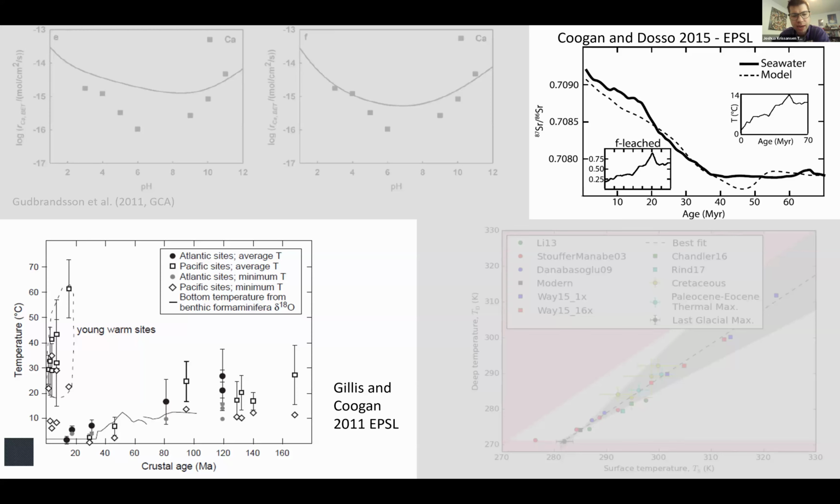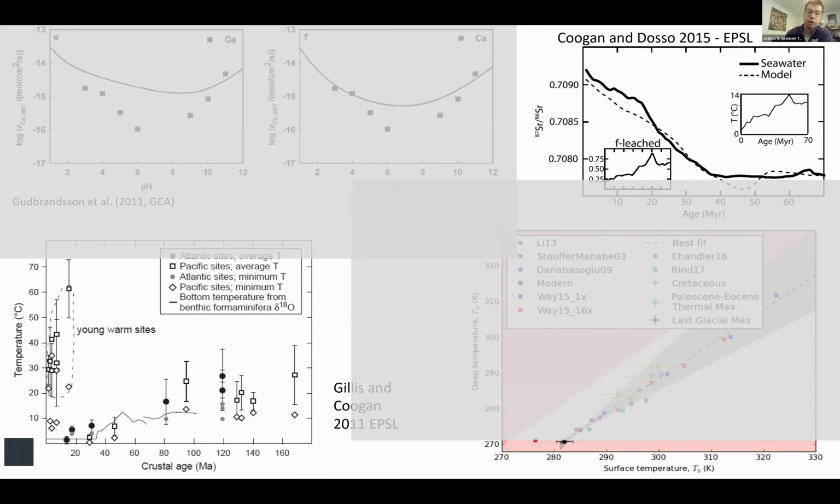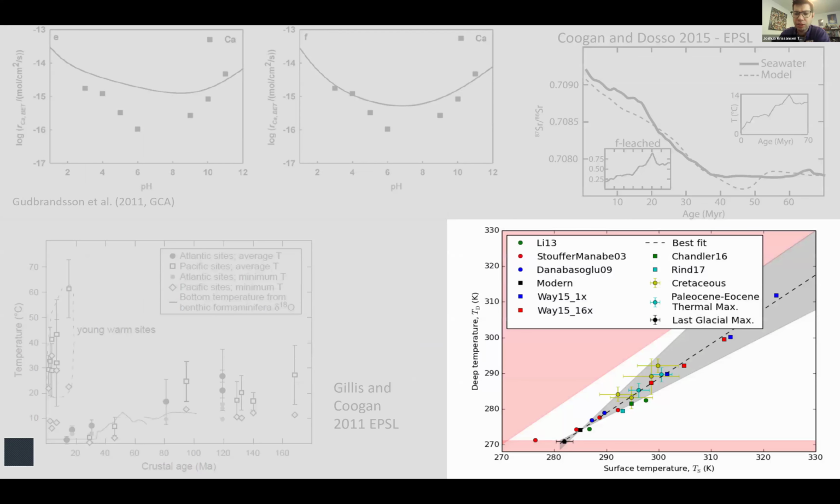But to get to the thermostat aspect of this process, you need some way to connect the surface temperature, which is controlled by atmospheric CO2, to the temperature of water circulating through oceanic crust. And so I attempted to define a relationship here based on 3D models of ocean circulation that can relate deep ocean temperature to surface temperature.